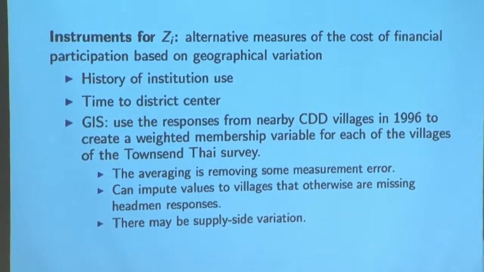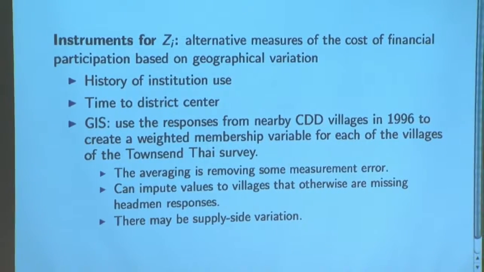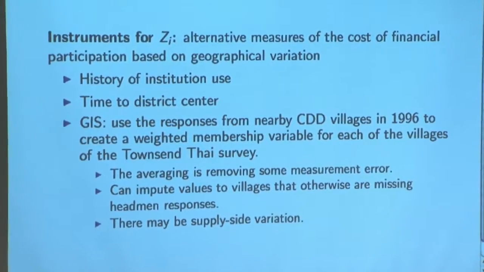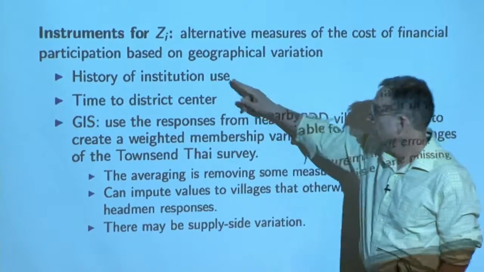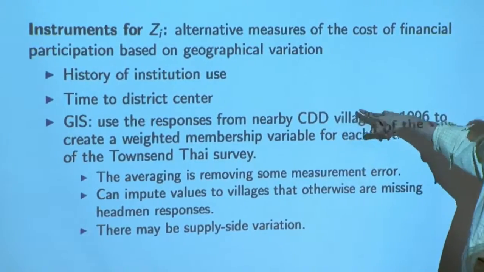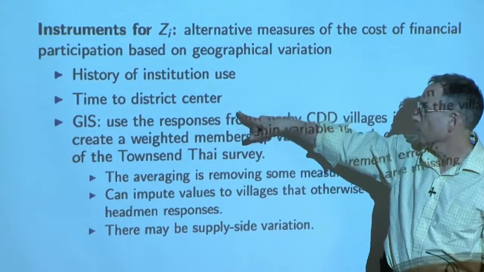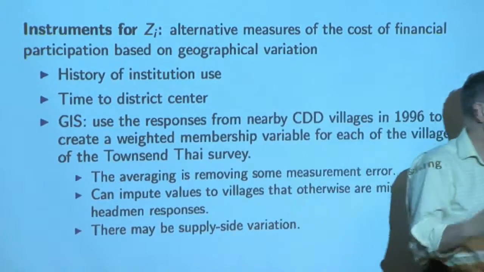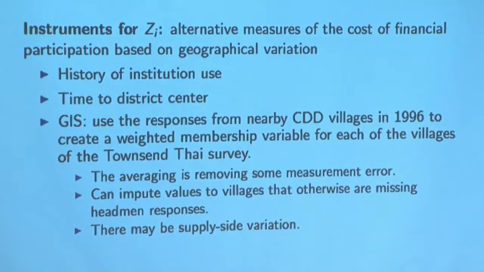These instruments are the history of the person's institutional use, like predetermined variables as an indicator for their current participation, at the village level, actually, not at the household level. The time to the district center is the most compelling. That's like how long does it take to get to the bank.